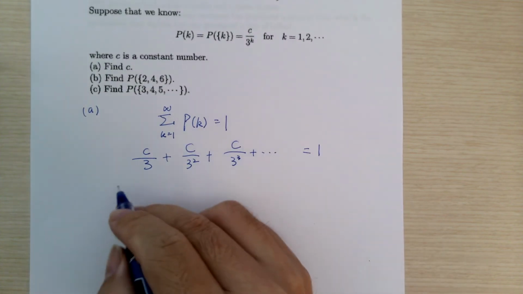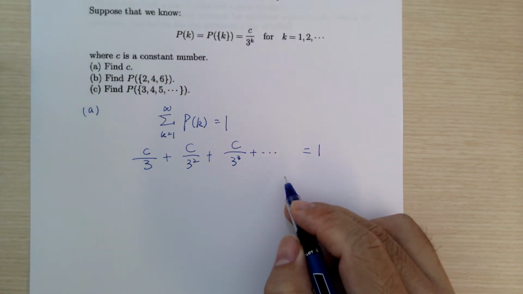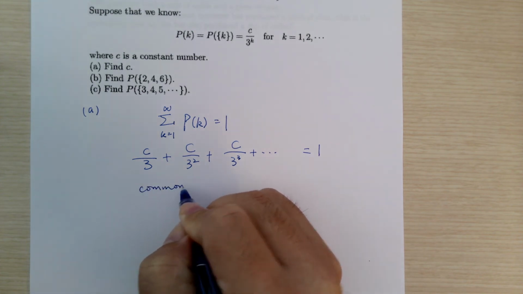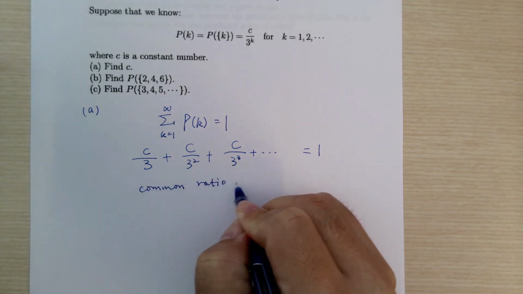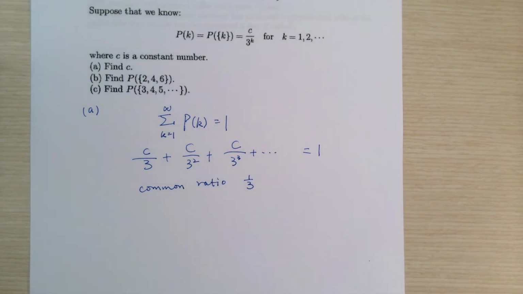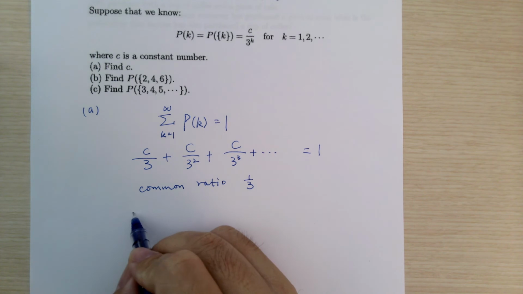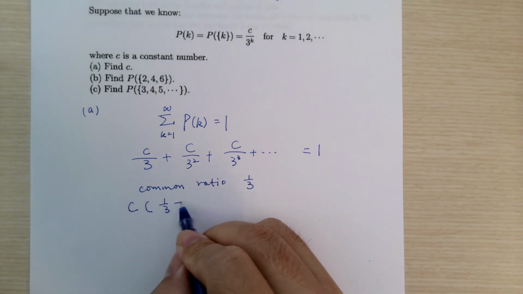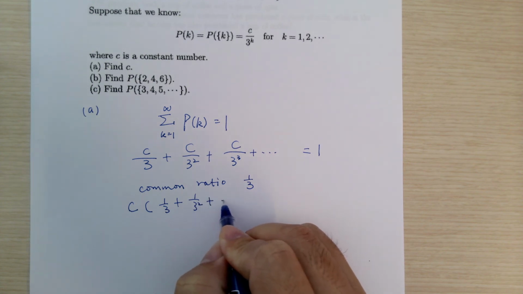And this is a geometric series with a common ratio of 1 over 3, right? If we factor this C out, it's C times (1/3 plus 1 over 3 squared, and so on) equals 1.